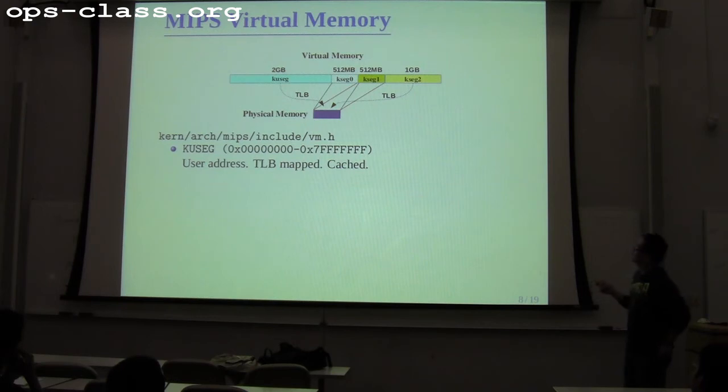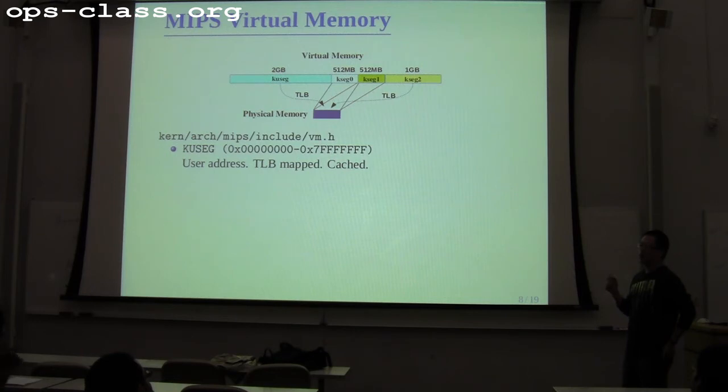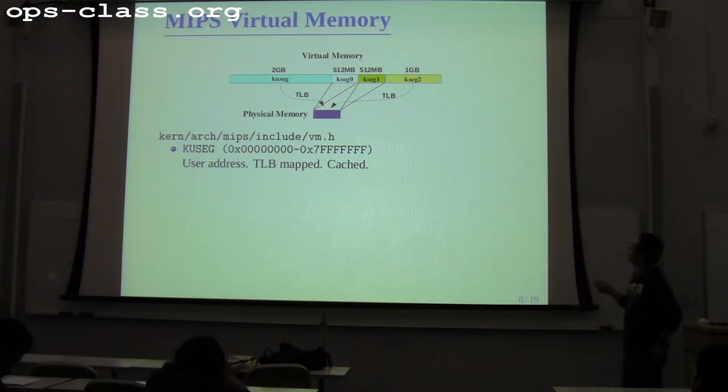The first region is from 0 up to 0x80000000, the first 2 gigabytes, which is the user segment. Whenever the hardware encounters a virtual address in this region, the hardware will consult the TLB for the translation, right? The hardware will look up the TLB to find out what's the underlying physical address. This is the first segment.